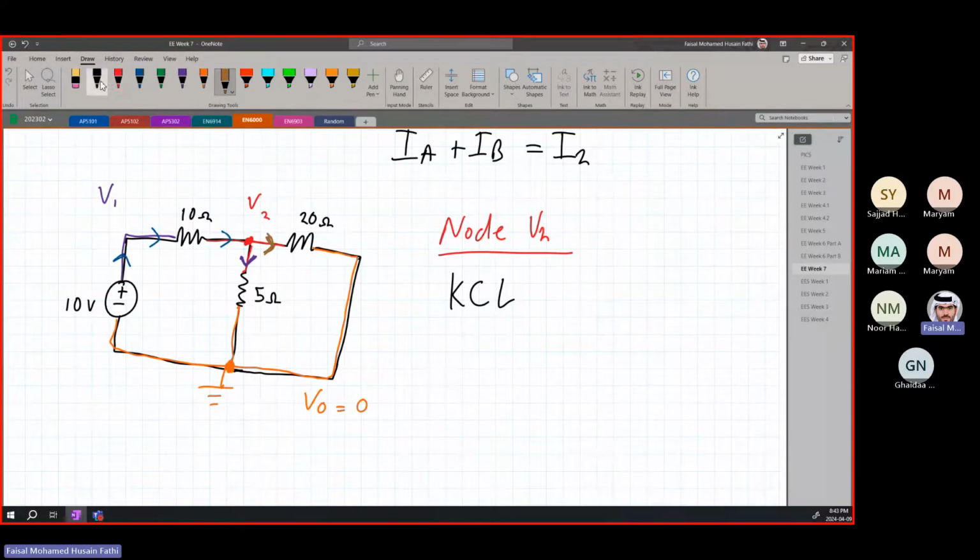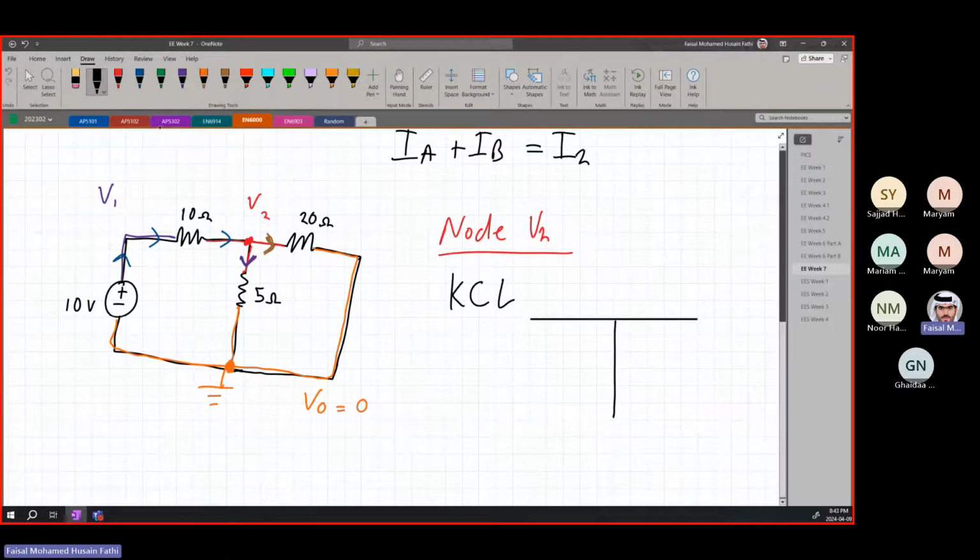So if I'm just going to look at this node now, if I just make it larger, this is the node that we have. We have a current entering. We have a current exiting from this side, and we have a current exiting from this side.